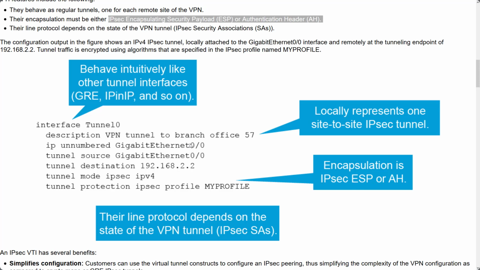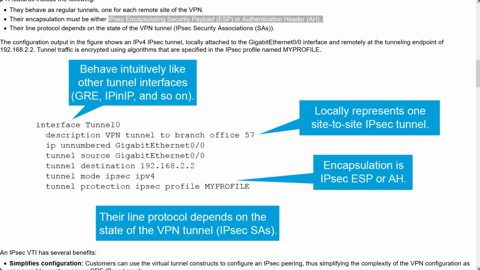This is obviously going to apply to our dynamic VTIs, but the dynamic interface gets created, and then we identify IKE phase 1 or IKE phase 1.5, and the interface gets deleted when the IPsec session, say that three times fast, gets closed. All right. Now we can route over that tunnel or that virtual interface.